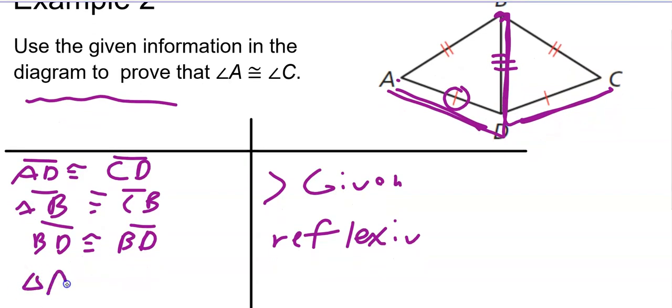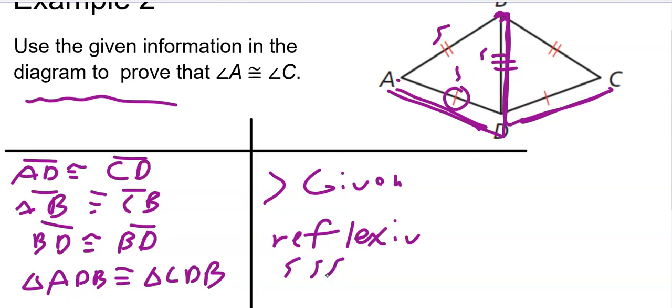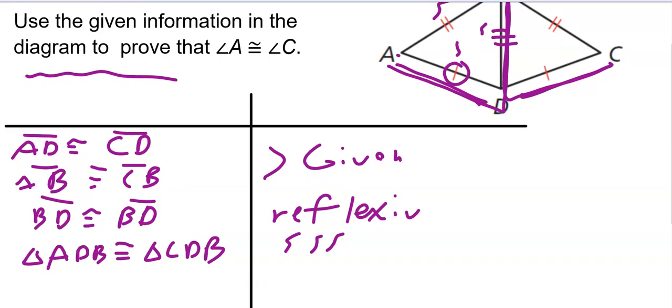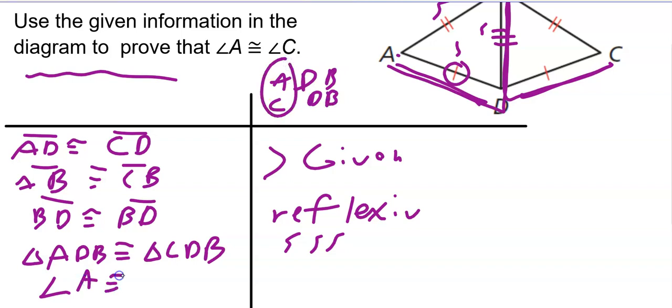So we say triangle ADB is congruent to triangle CDB. And by what rule? Side, side, side. And once we have that, once we've proven triangles congruent, we can say any of their corresponding parts. And remember that little trick. If I do ADB and CDB, well, what matches? Angle A, which corresponds to angle C, is congruent by CPCTC.